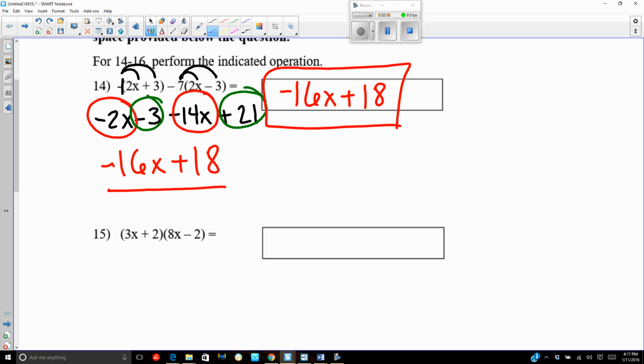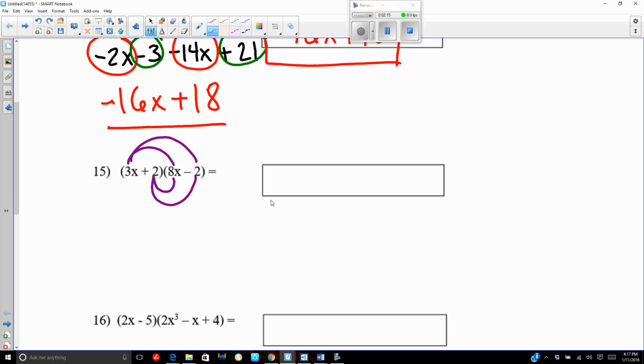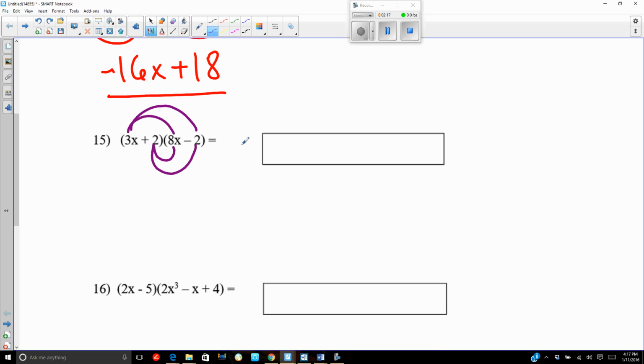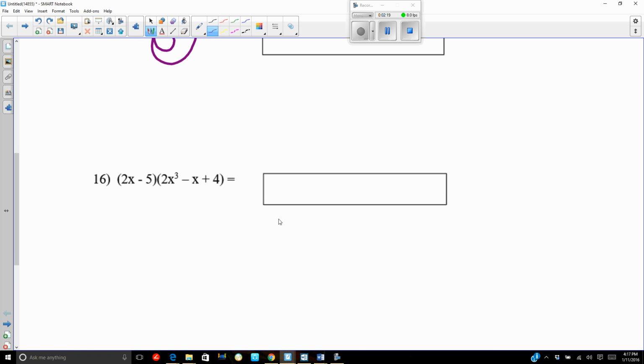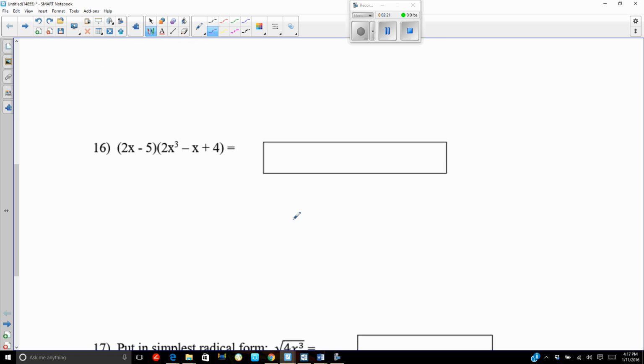15 is not typically a commonly missed. This is multiplication because there is no sign between the parentheses. It's assumed to be multiplying. So you can do FOIL method, you can do box method, multiply, and combine any like terms on number 15. Again, pause if you want to go ahead and work that problem out, and then follow along with me on 16. 16, very similar, just a little bit longer than 15.